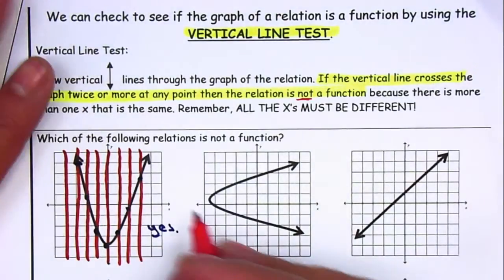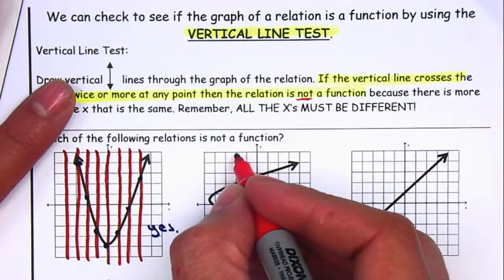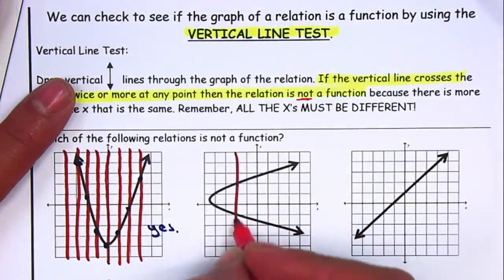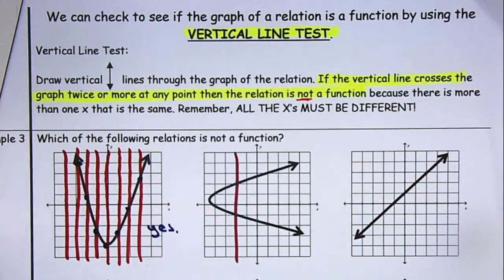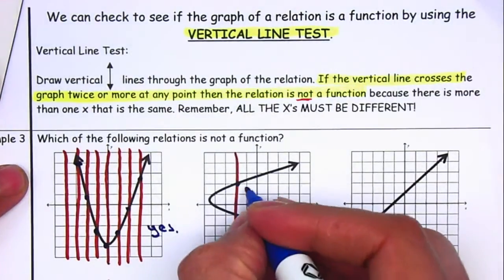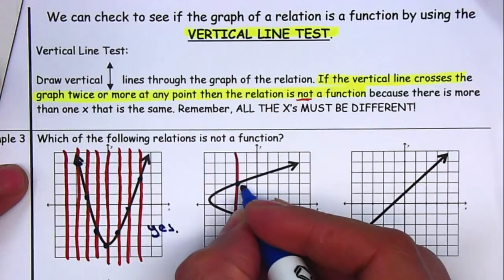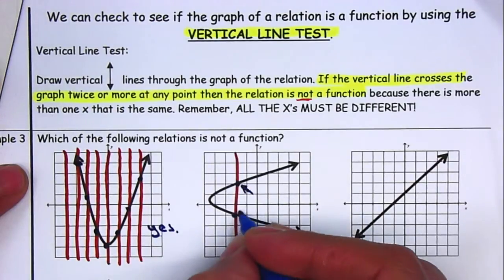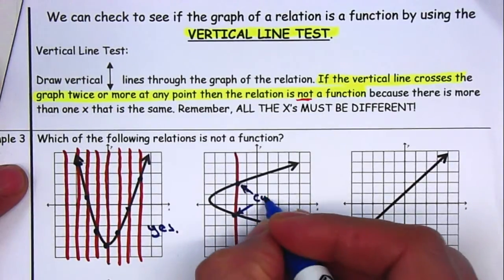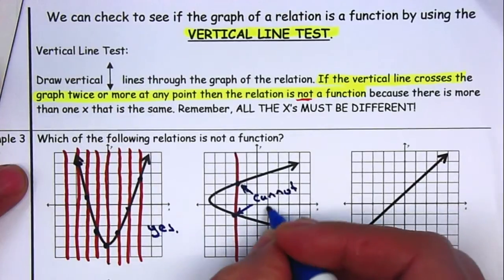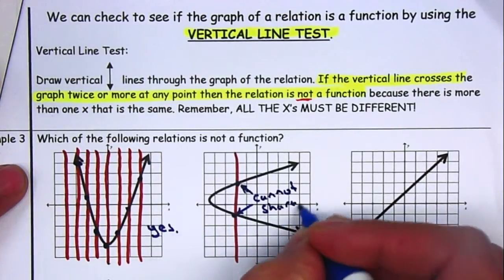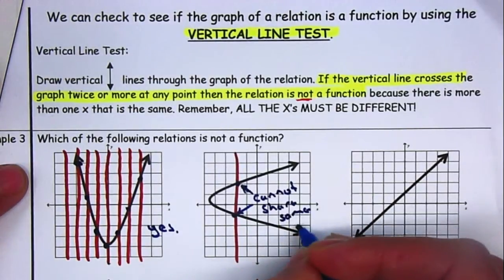Now on the next one, let's go and draw a line. And automatically I can see that if I draw a line, it's twice. So if you already know that's not a function, you can just draw one line and write: cannot share same x value.